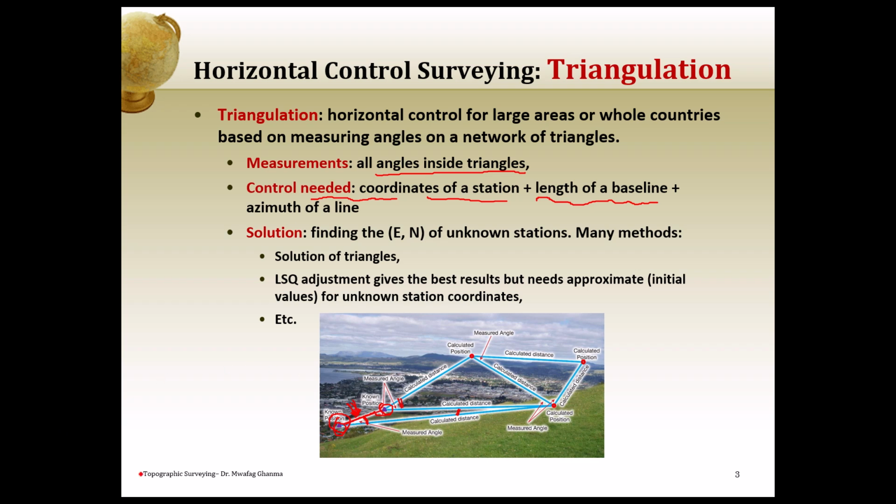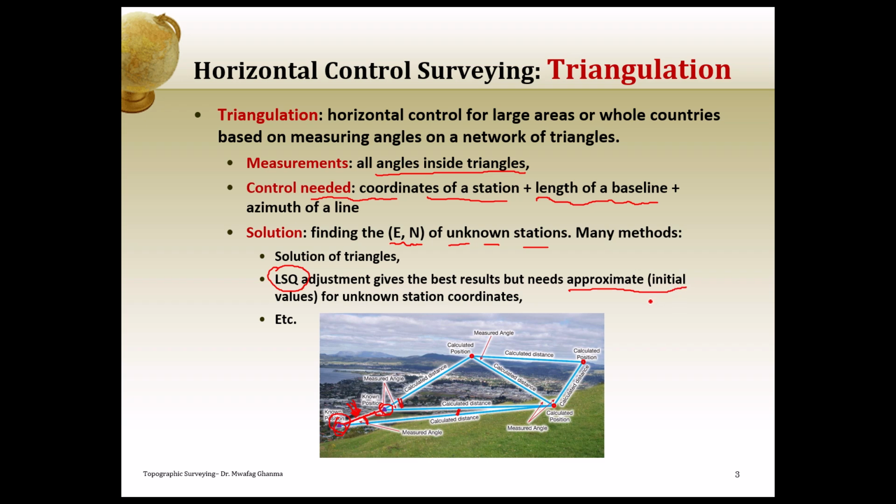How do we do the solutions? What do we mean by the solution? We mean that we want to find the easting and northing of unknown stations, and we have many methods. We have the solution of triangles, which we'll check in a bit, and we have the least square adjustment. We saw this method in many places in this course, and we want to mention again and again that the least square gives the best results, but it needs approximate or initial approximations for the unknown station.